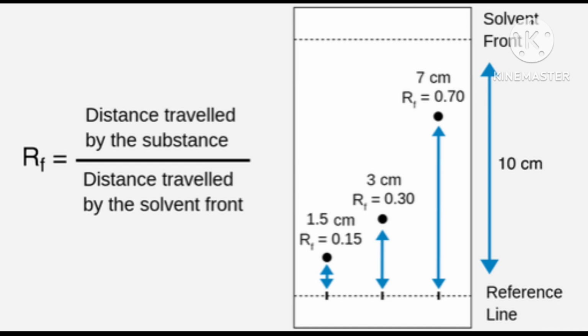Following are the two main types of chromatographic techniques based on the principle of different adsorption. First is column chromatography.